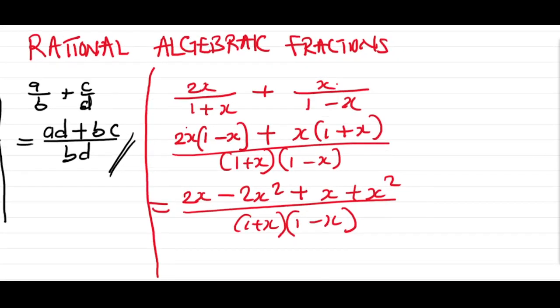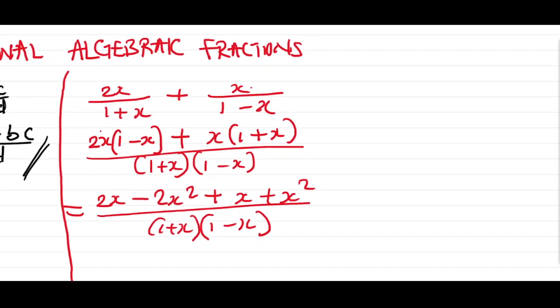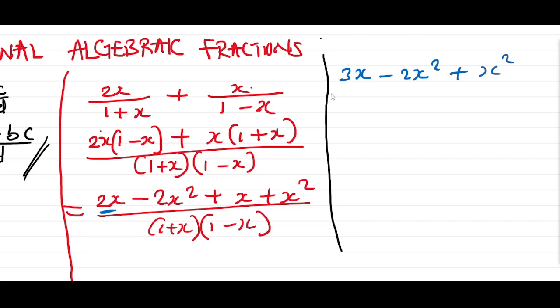So if we proceed further here, what this will give us is 2x added to x is 3x, and then negative 2x squared plus x squared all over 1 plus x times 1 minus x.